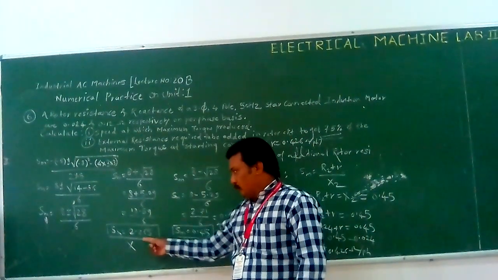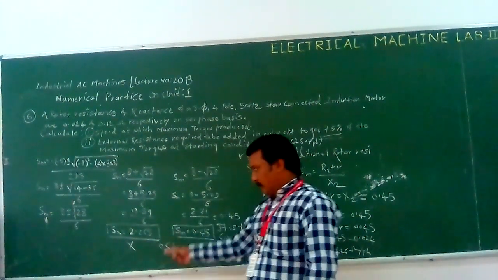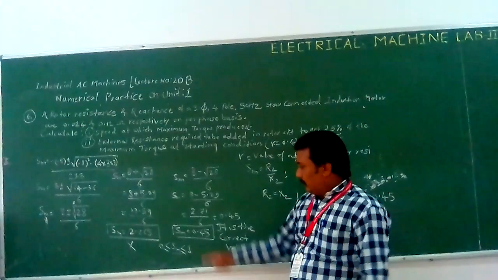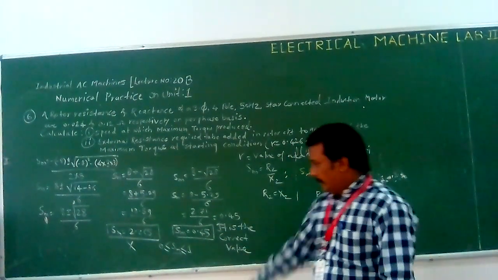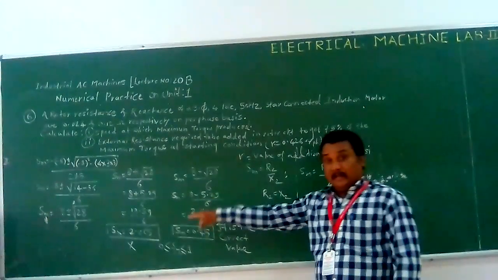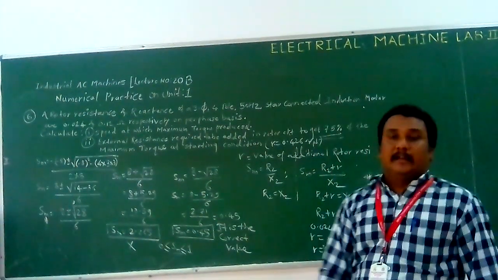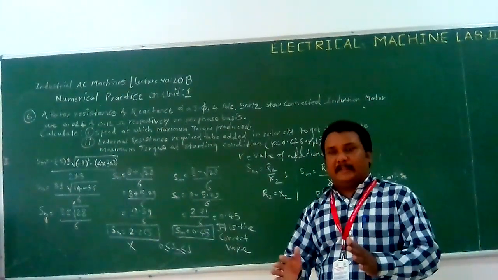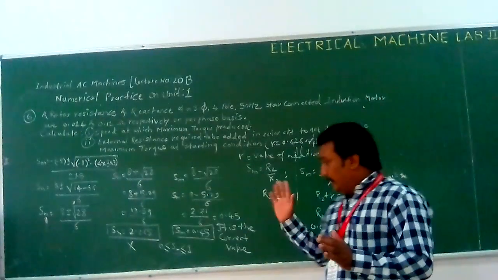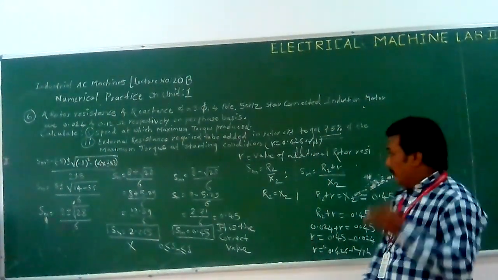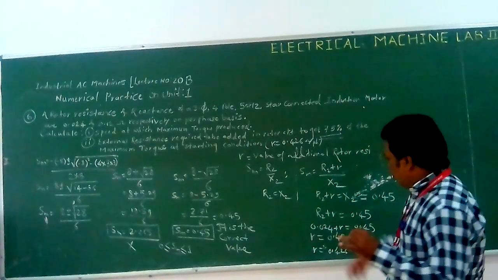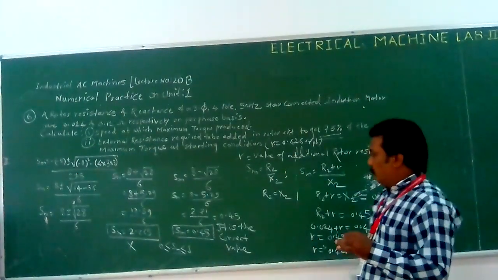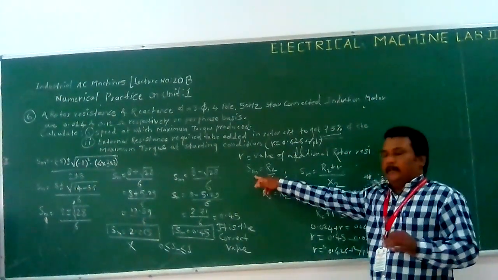We get the value of the roots in two ways. Here Sm is equal to 2.265, but slip is always in the domain of 0 to 1. Hence the second root, 0.45, is the correct value, because an induction motor in motoring operation always operates in the slip region 0 to 1 only. We know the condition for maximum slip, Sm is equal to R2 upon X2, meaning whenever R2 and X2 are equal, slip becomes maximum.